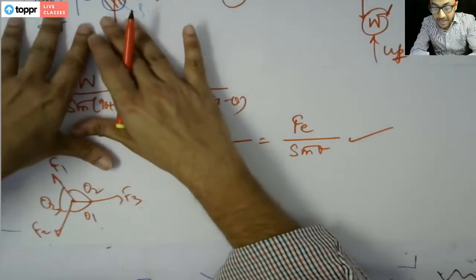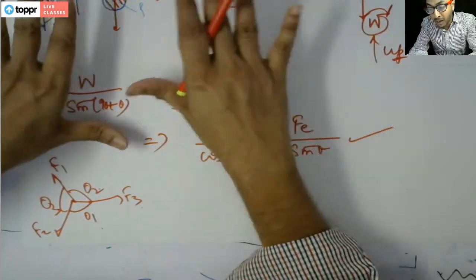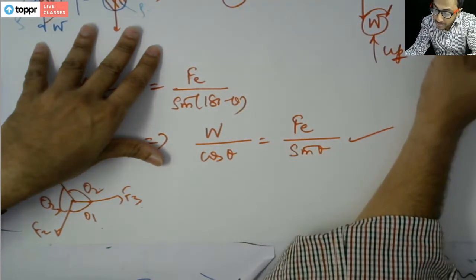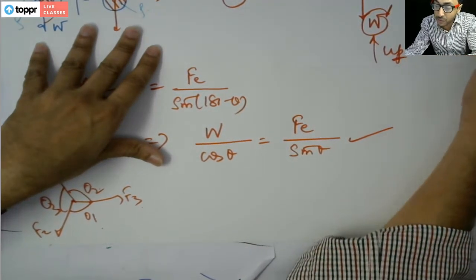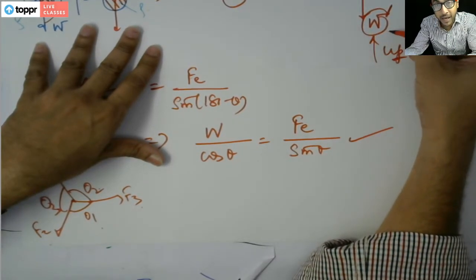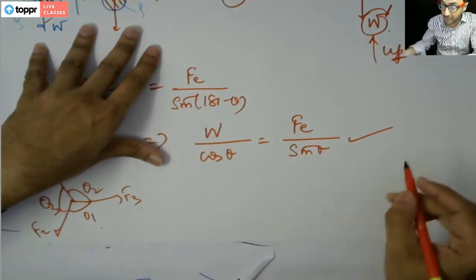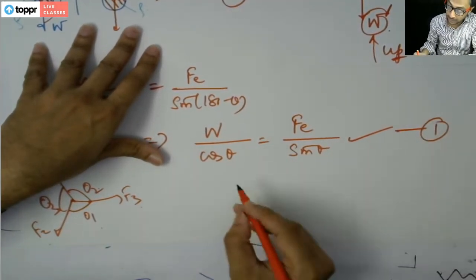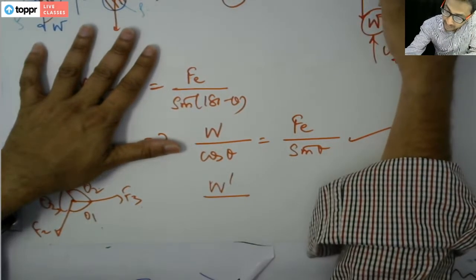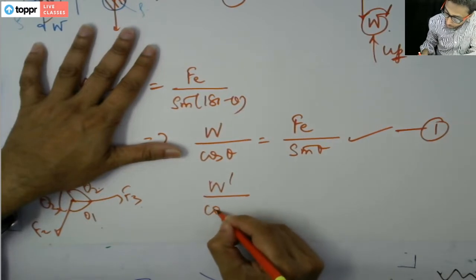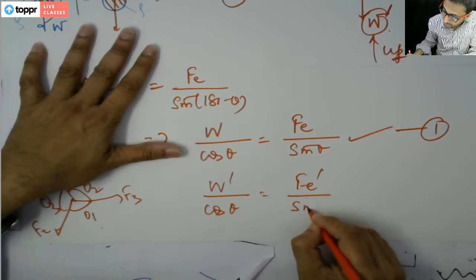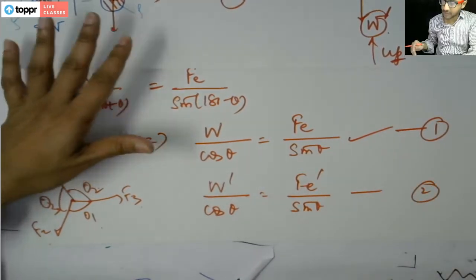Now the same thing when we are inserting it within the liquid. This force is getting reduced by the dielectric constant K, and also the weight becomes W dash. But this equation will remain the same. So W dash by cos theta equals Fe dash by sine theta.